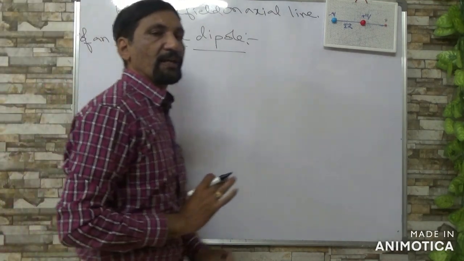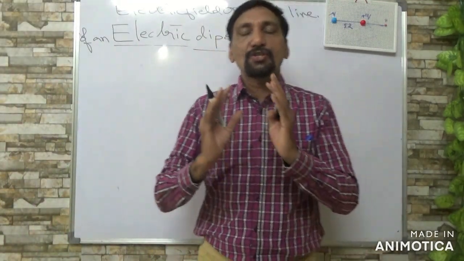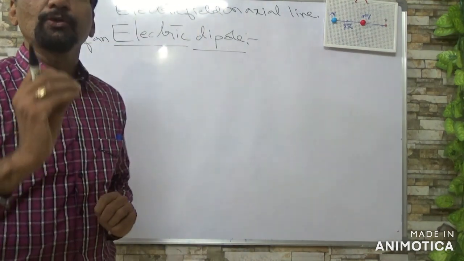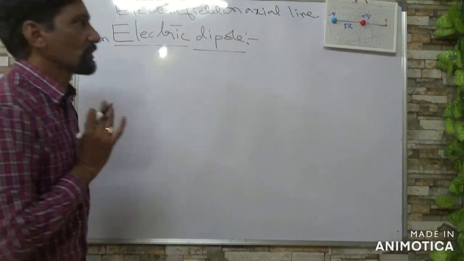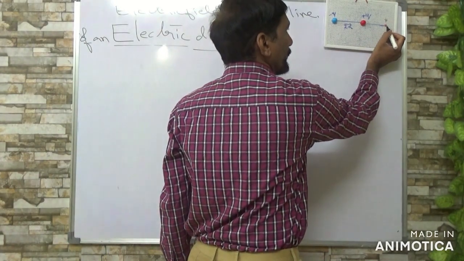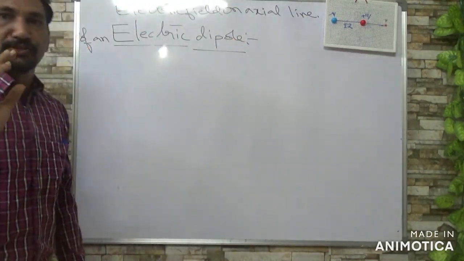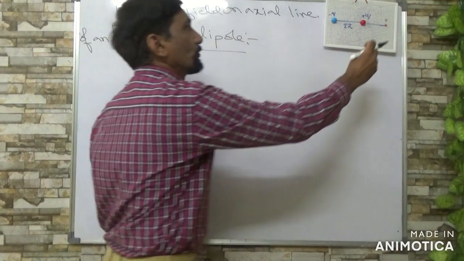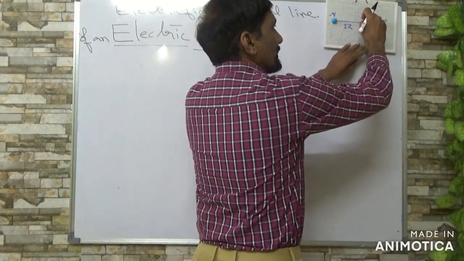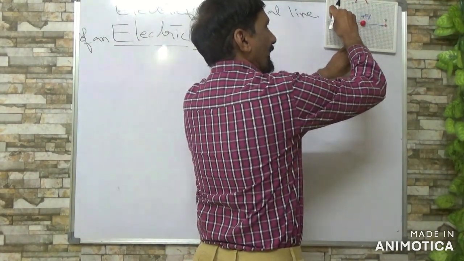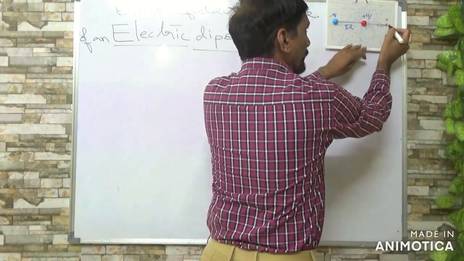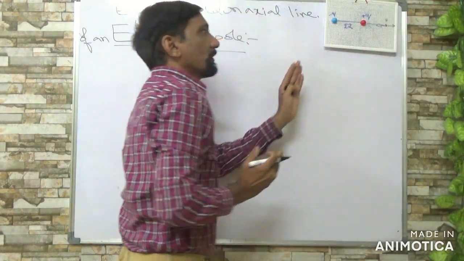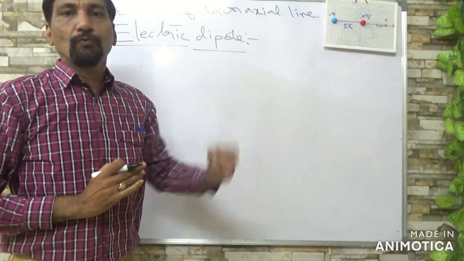Remember, wherever you are going to calculate the strength of the electric field, you always imagine one unit positive charge. So here a unit positive charge is considered. This positive charge repels the positive and at the same time attracts the negative. That means there will be an attractive force and also a repulsive force.